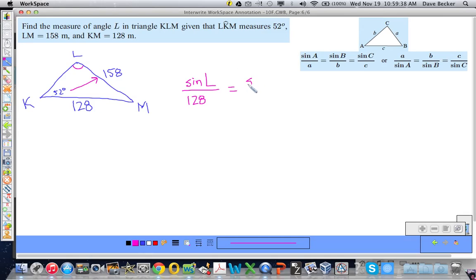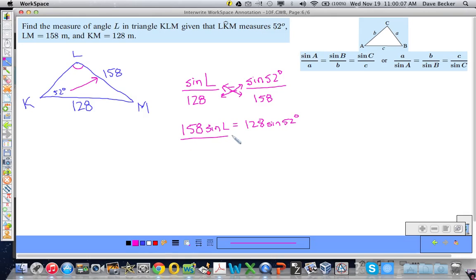So I can put sine of 52 degrees on top, divided by 158. Then using cross multiplication here, boom, boom. You don't have to draw that in. I'm just drawing it in to illustrate what's happening. So I have 158 times the sine of L is equal to 128 times the sine of 52 degrees.